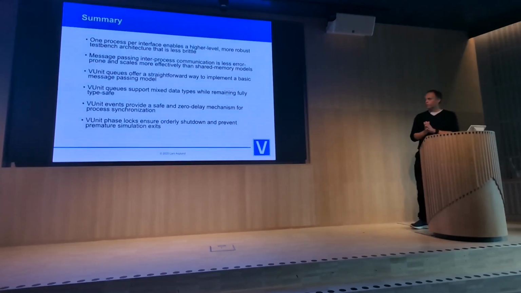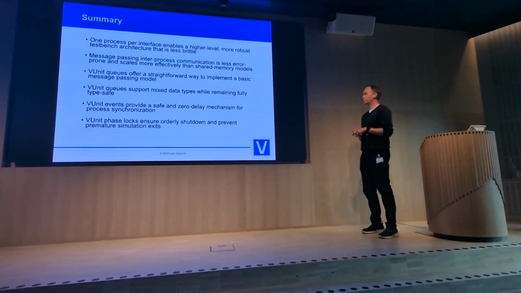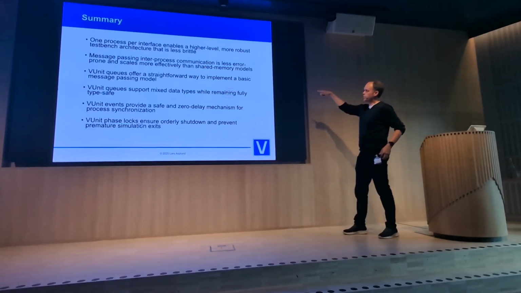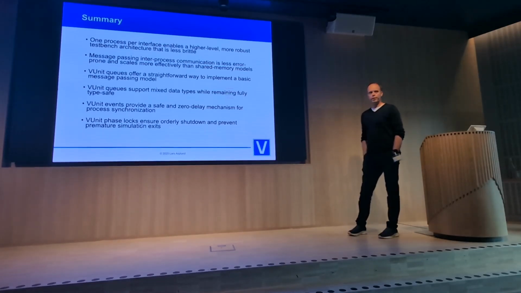Here's a summary of what we have discussed today. One process per interface is something that enables us to have a high level of abstraction, and we can also create a test bench which is less brittle to changes in the DUT. We've discussed message passing versus shared memory models, and my claim, or it's not only my claim, is that message passing is less error prone and scales more efficiently than shared memory models.